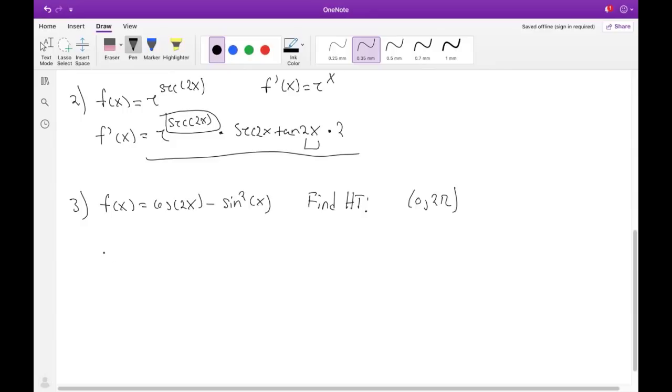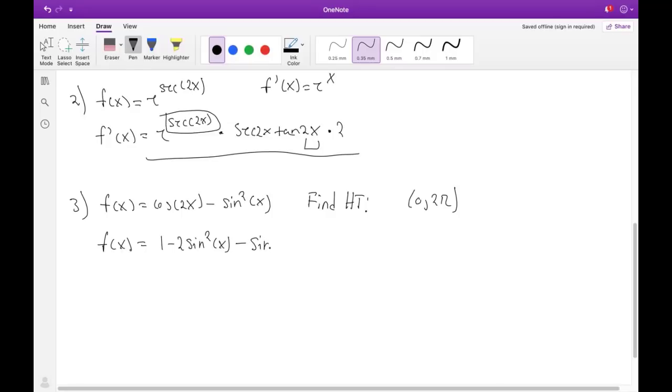So the first thing you're going to want to do in the case of something like this is rewrite your function in terms of one trig. So we could change cosine of 2x, for example, to 1 minus 2 sine squared of x, and that's just by using the identity for cosine of 2x.